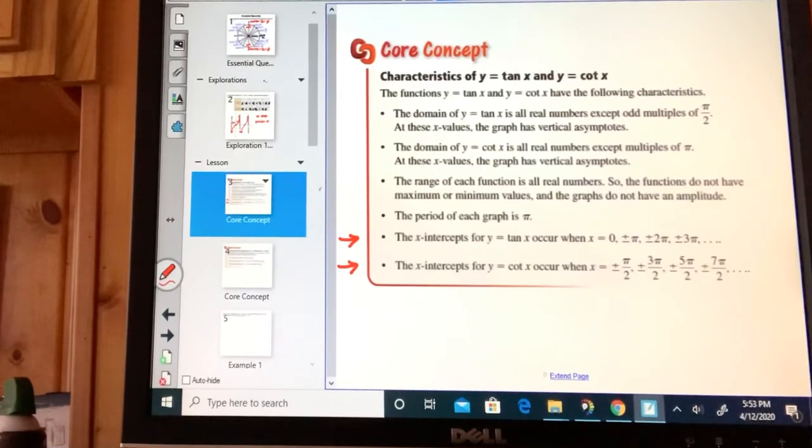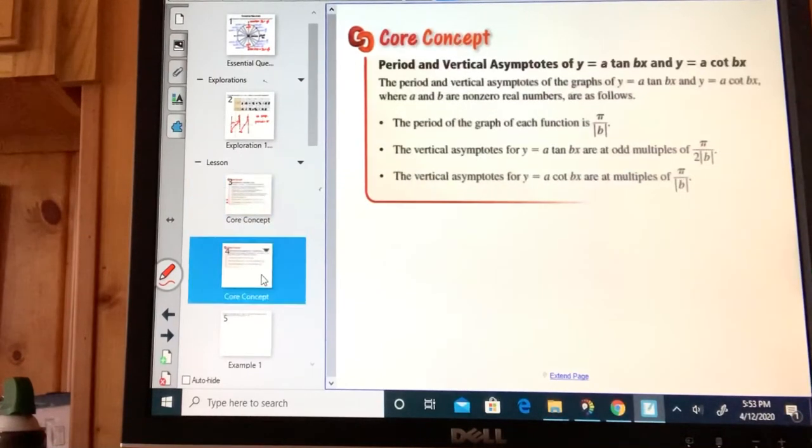All right, so now the big things to talk about here with transformations is this. So since there's no amplitude, the a value goes back to its original, and that's just a vertical stretch or shrink. Right?